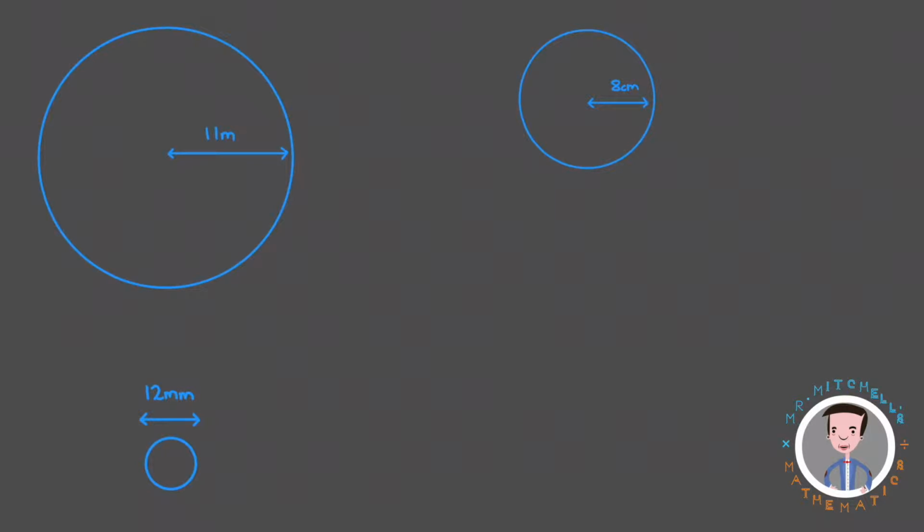Great, so let's start with this big circle in the top left-hand corner. What we need is pi r squared, and as r in this case is 11, we do pi times 11 squared, which is 121 pi, and our units are meters squared.